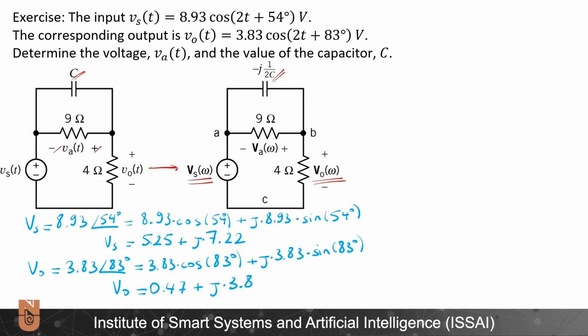Now I can add or subtract them, and in order to find VA it is equal to Vout minus Vs, and accordingly I can find this easily.